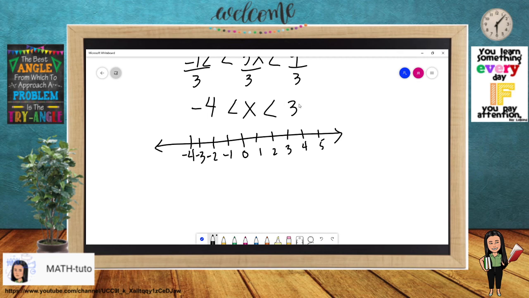Not yet. We are not yet done. So, negative 4 until 3. Negative 4 is not included. 3 is also not included. And then we shade all of the portion in between. And that is our answer in graph. In interval notation, it is from negative 4 until 3. Parenthesis on both.